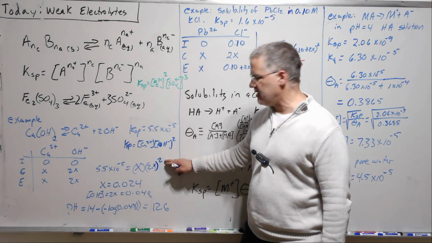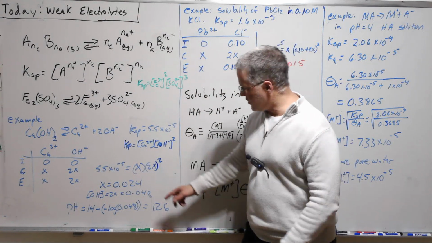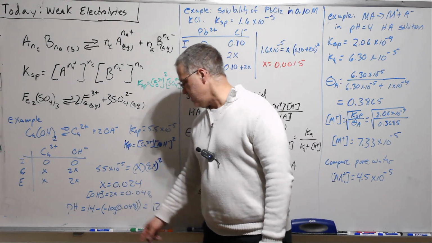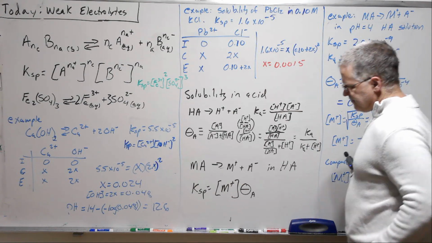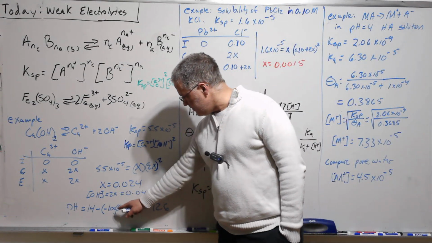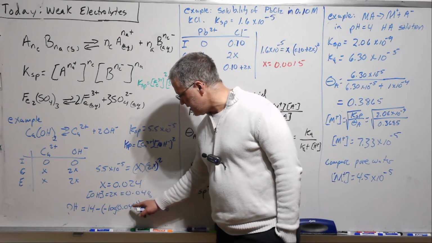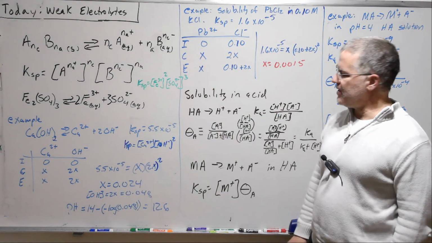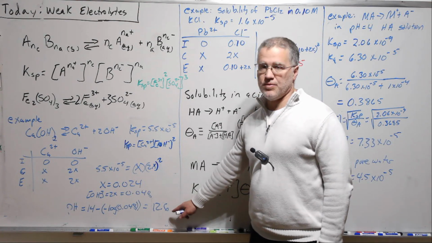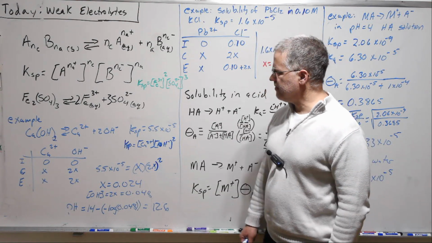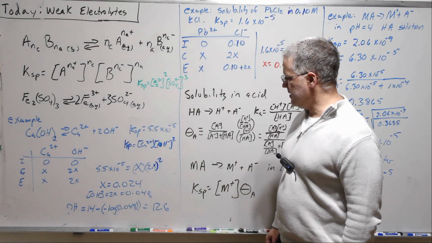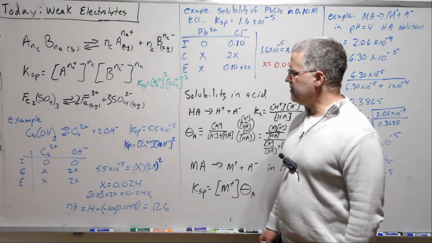2X here and squared. We can solve for X, and we get the hydroxide concentration, and we'll get a pOH from this, and then the pH would be 14 minus the pOH, which gives us a pH of 12.6 here. We know this is a base, so we would expect to get a high pH.